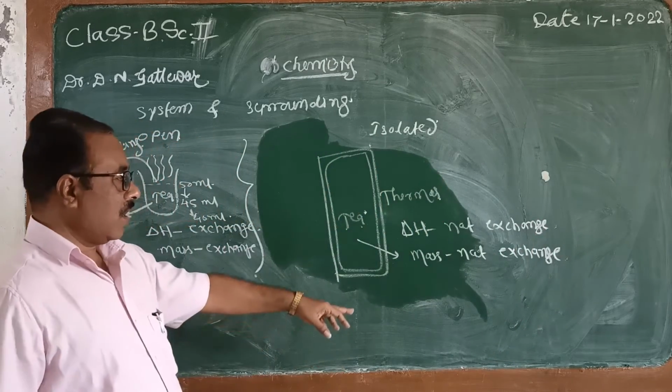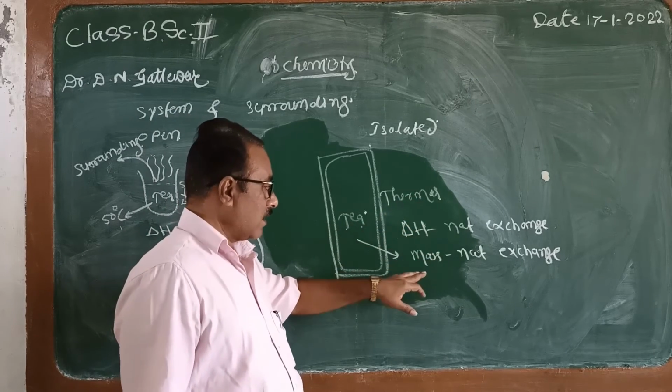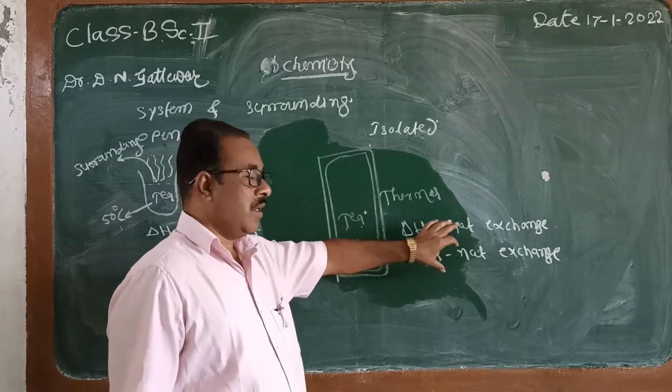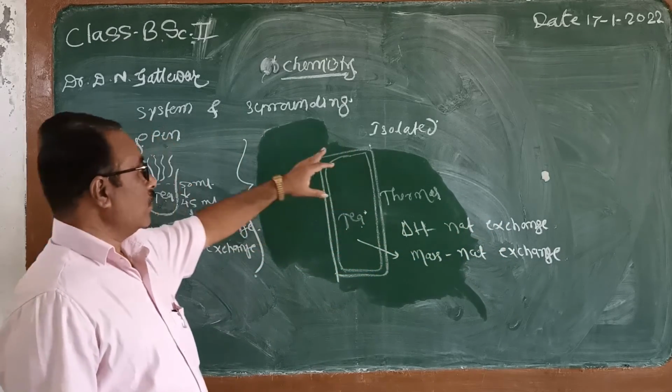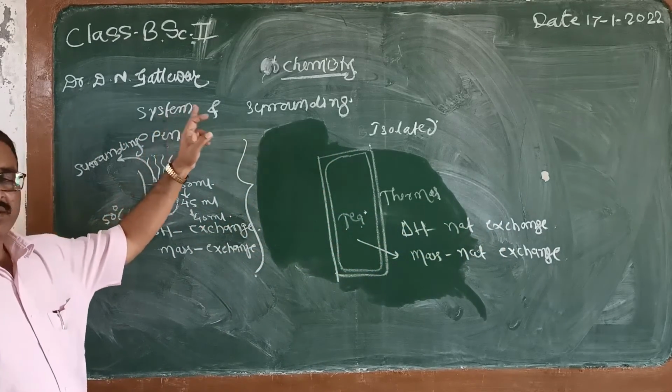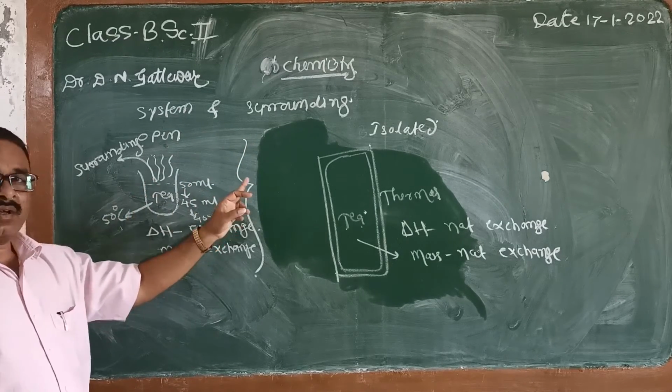Therefore this is called the isolated system, in which the heat energy as well as mass both cannot be exchanged with the surroundings. So in this way, this is the system, surroundings, and the types of system: open system, closed system, isolated system.